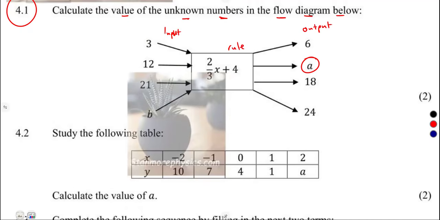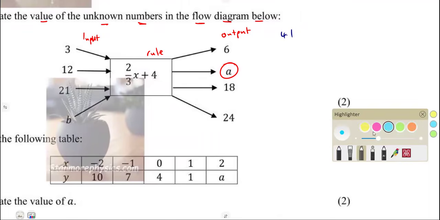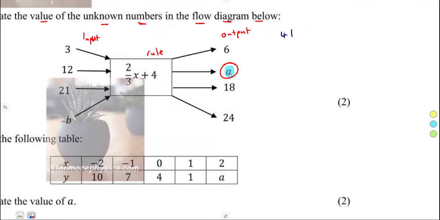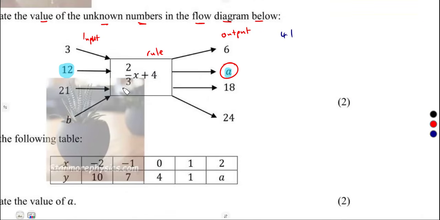So how can you calculate the value of A? A represents what? That is the question. A is the output, for an input of 12. Remember the input represents the x values.